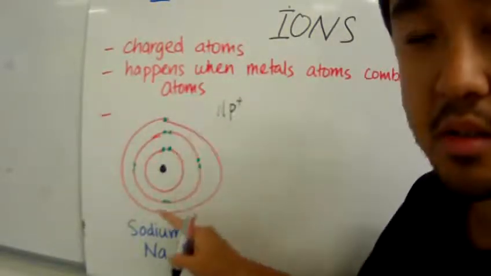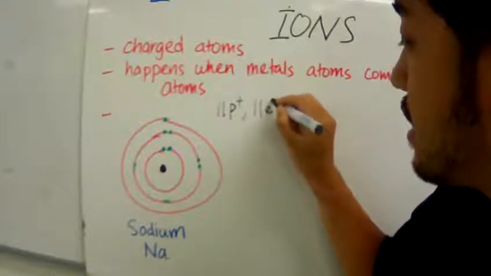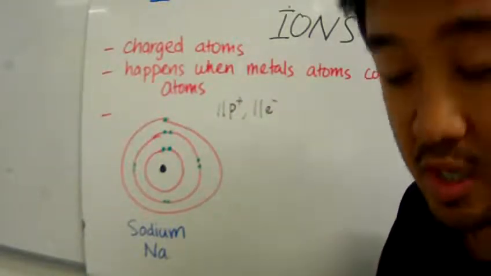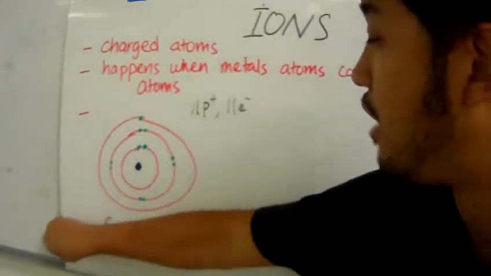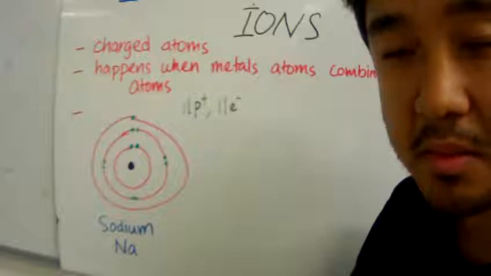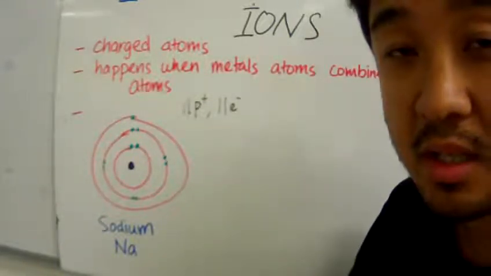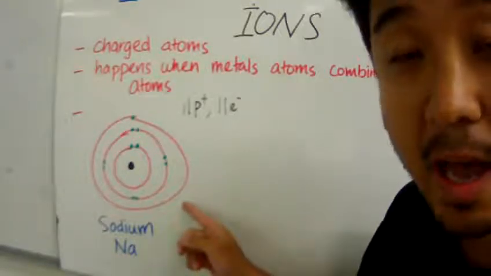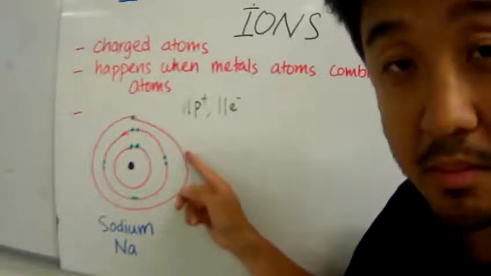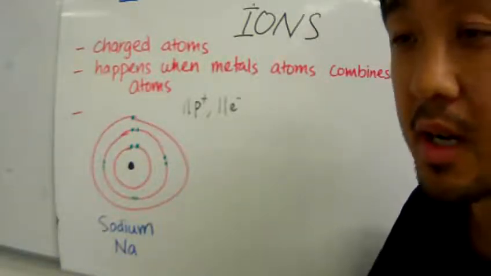And if you count the number of electrons, you will see that it also has 11 electrons. How do I know that there's 11 protons in sodium? Look at the periodic table. If you see the atomic number to be 11, that means as an atom, sodium has 11 protons. So this is sodium, all right?